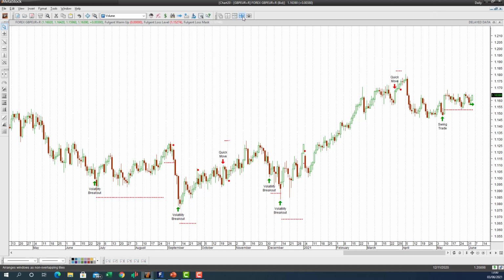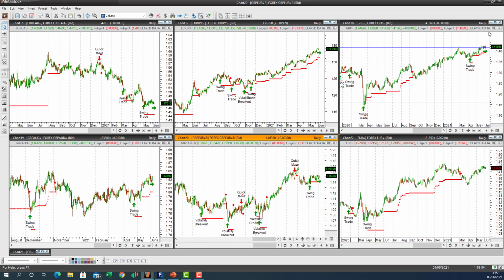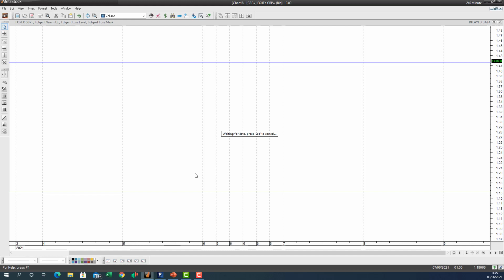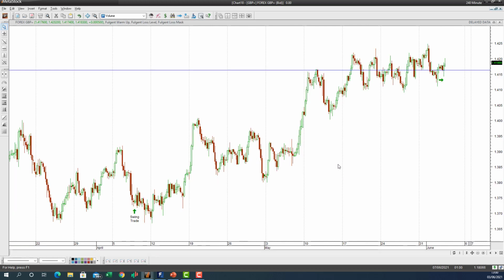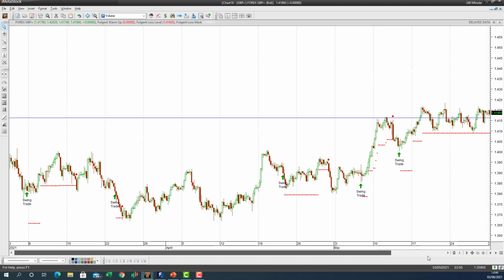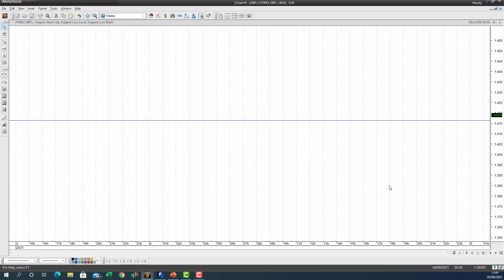If you're looking for intraday, you can, but you're going to have to retrain the AI to look at shorter term charts. For example, if we look at the 4-hour one, obviously technical indicators become less accurate or useful the shorter the time frame is. You can see here also some fantastic swing trades, lots of trades on an intraday basis on a 4-hour chart, as well as the hourly one.